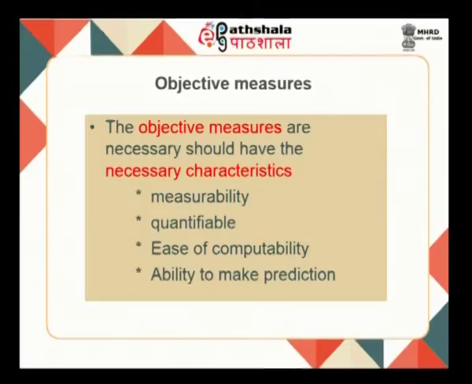Then quantifiable, I should be able to quantify that into some sort of compact number, and the formula computation should be very easy. Not only that, I should be able to make a prediction based on the computed number. These are called the characteristics of objective measures. In algorithm analysis, we will be discussing lots of resources like this.